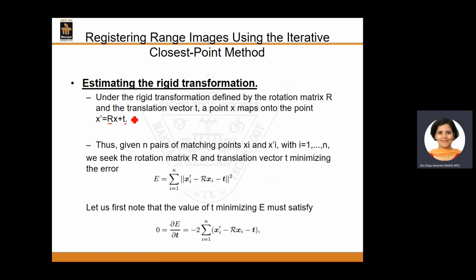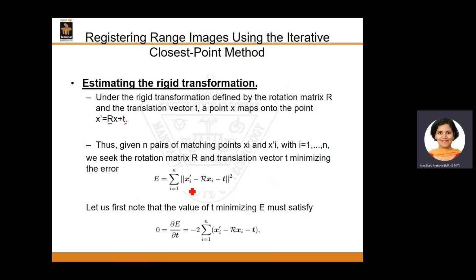After estimating a rigid transformation and applying that, we get x dash, and we try to find the error using the SSD approach. We try to find the error using x dash minus R xi minus t, that means the actual minus the warped, right?